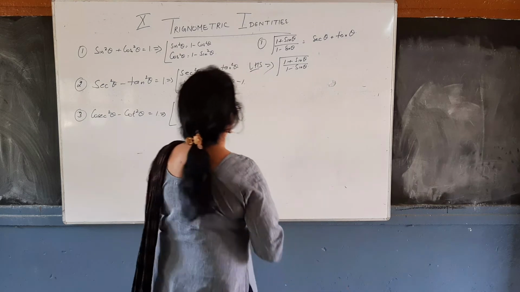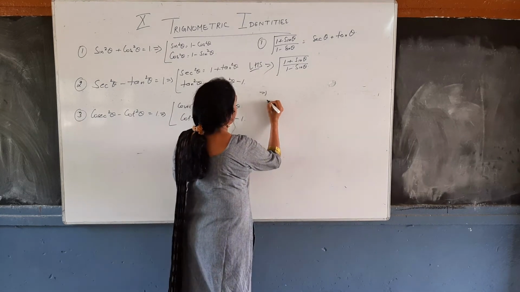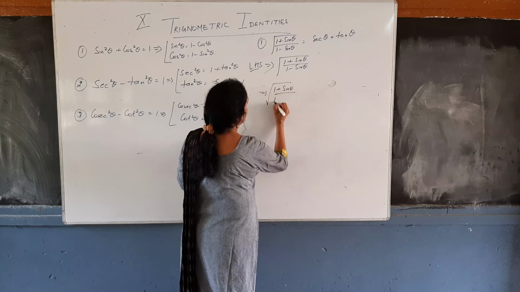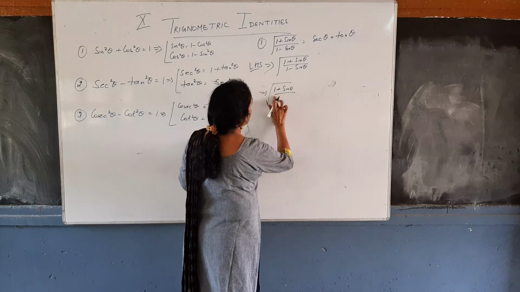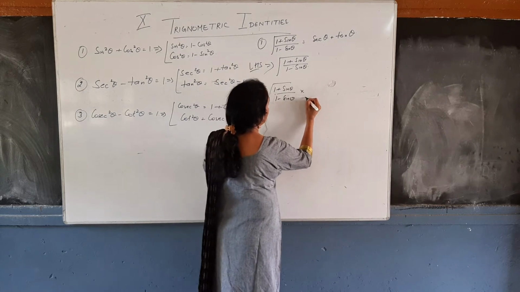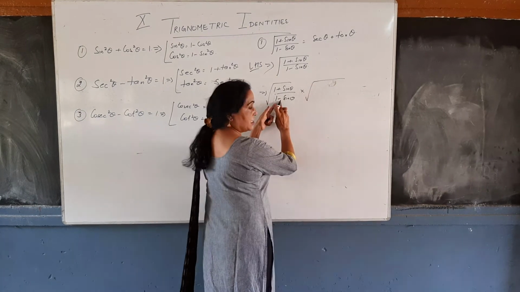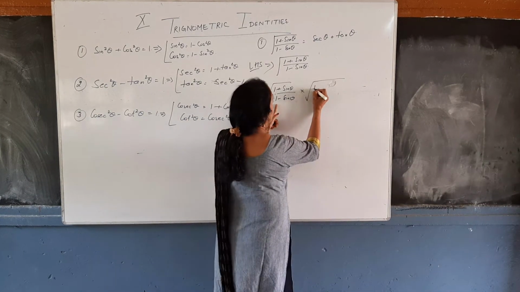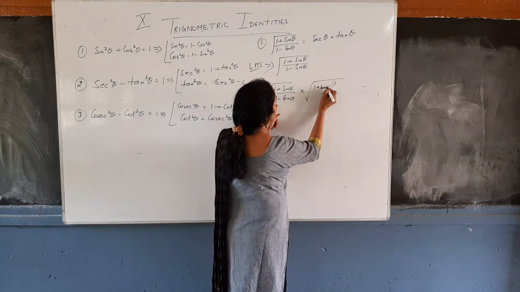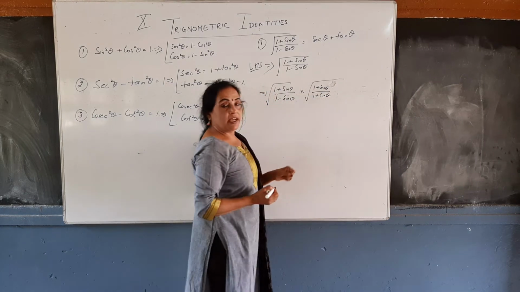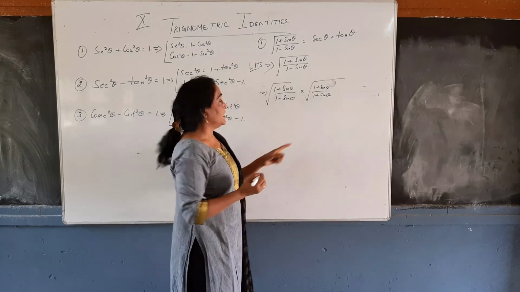So we will write like this: under root 1 plus sine theta upon 1 minus sine theta. Rationalize by, as I just explained, minus is given, so we will rationalize by plus. So it will be 1 plus sine theta upon 1 plus sine theta.